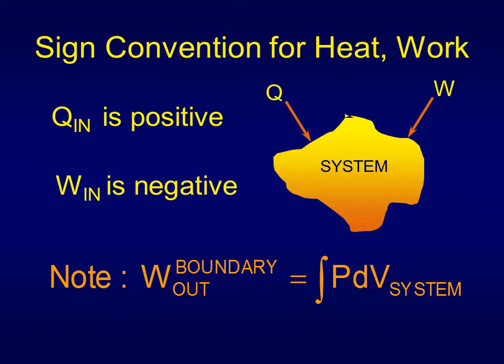And so I'll draw if the system boundary is expanding, for instance. That means the fluid inside the system is pushing back the boundaries of the system. Then the fluid is obviously doing work to do that. Pushing back its boundaries requires work. So work out I consider to be positive, and so does your text.